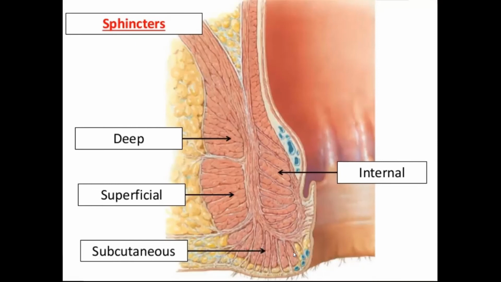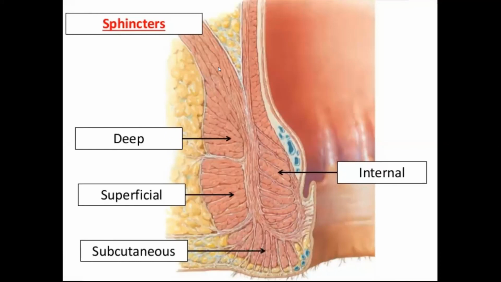Skeletal. Is it voluntary or involuntary? Voluntary. For the internal sphincter, voluntary or involuntary? Involuntary, smooth muscle. This is skeletal muscle.